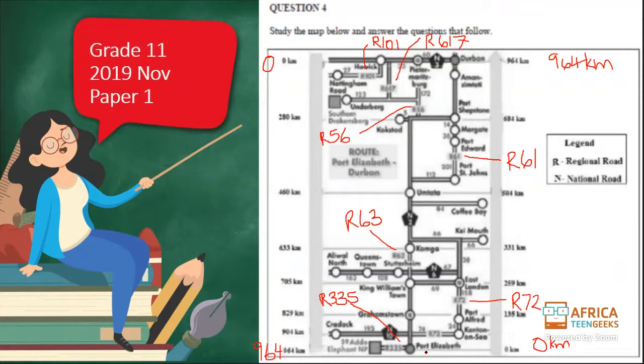Meaning if you're moving from PE on this straight route, going down, you would have traveled 964 from PE to Durban, right? Okay, so now that you understand that, let's look at the questions.